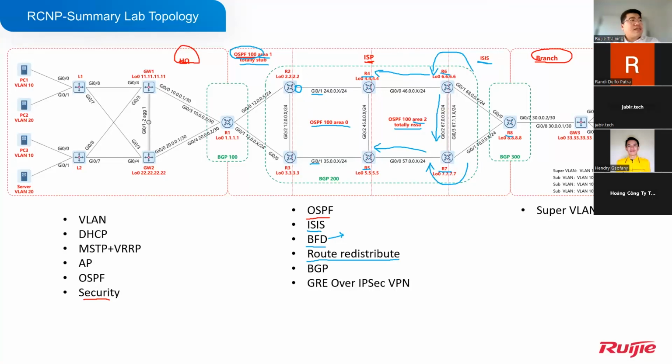But why we use BFD is that if we do not use BFD, OSPF, for example, can maintain the neighbor relationship by using packets or messages. Here I want to ask, what's the message we use to maintain the OSPF neighbor relationship?